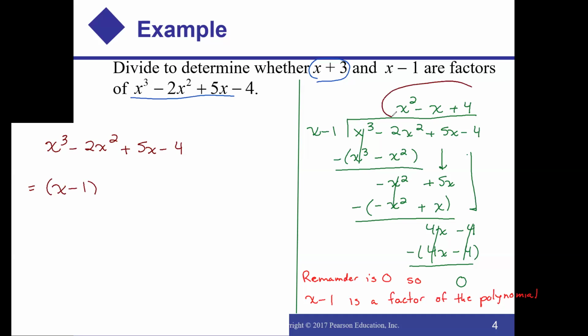And this is what would be left over: x squared plus 3x plus 4. The purpose of doing this is that, if I wanted to, I can try to completely factor this further. This one doesn't factor any further, so this is the best I'm going to be able to do with it.